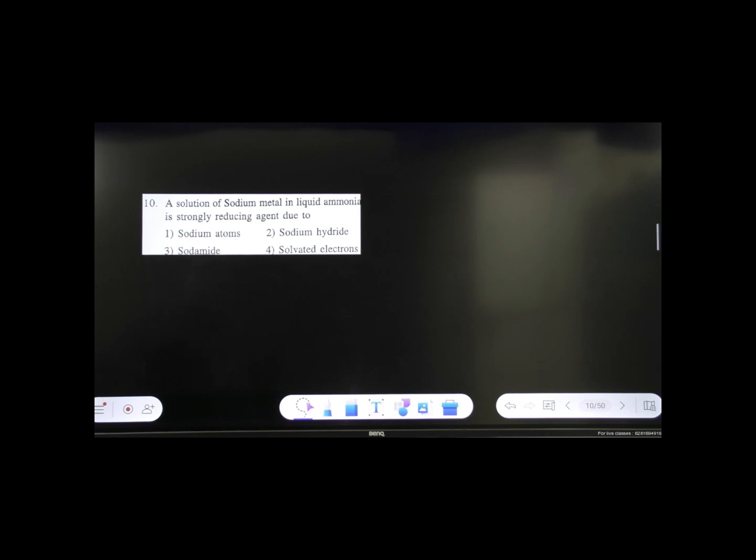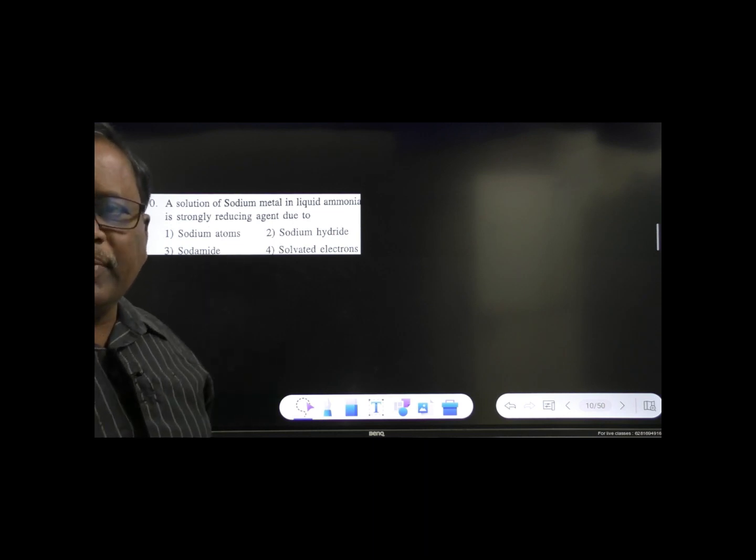Next problem: a solution of sodium metal in liquid ammonia is a strongly reducing agent due to. Reducing agent means the substance which oxidizes itself, which donates electrons, is said to be a reducing agent.